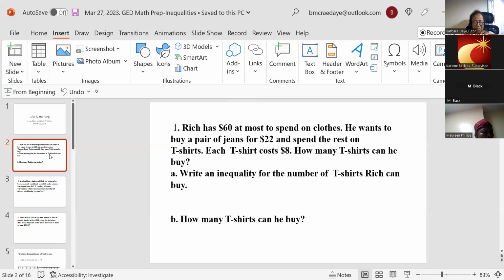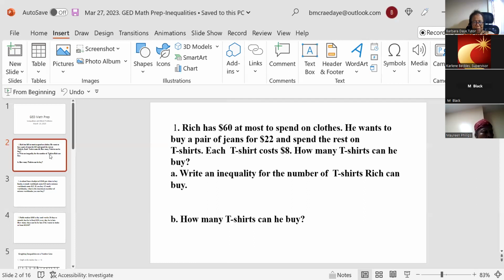Each t-shirt costs $8. How many t-shirts can he buy? A, write an inequality for the number of t-shirts Rich can buy.